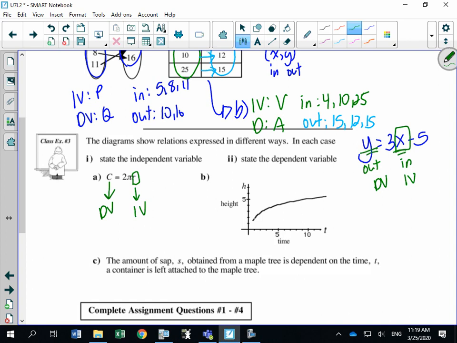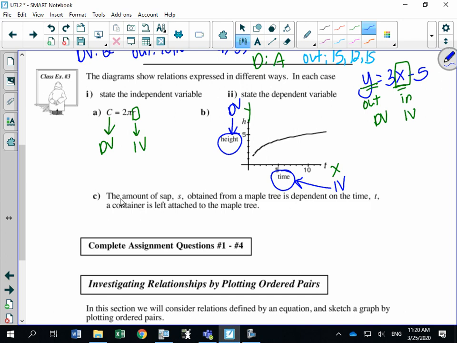Okay. We know that this is my y-axis and this is my x. They're just using different letters. And I know that my y-axis is my dependent variable and my x-axis is my independent variable. So when they say, well, what's your dependent variable? Height. That's on the y-axis. What's your independent variable? Time. C, the amount of sap, S, obtained from a maple tree is dependent on time. Okay, so if I was to graph this, sap is dependent.